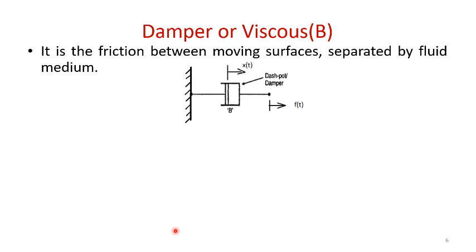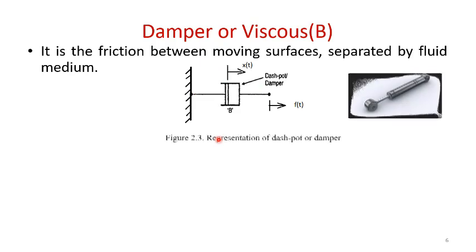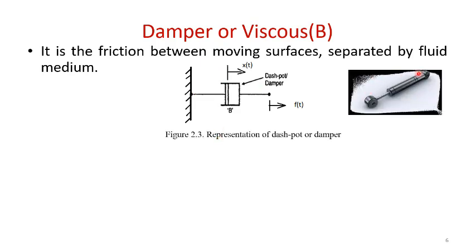Here we represent the damper with this diagram, which is called a dashpot or a damper. In this block diagram we can see the dashpot. Here is the damper in which the viscous fluid is present, separating the medium, like a piston in a cylinder.